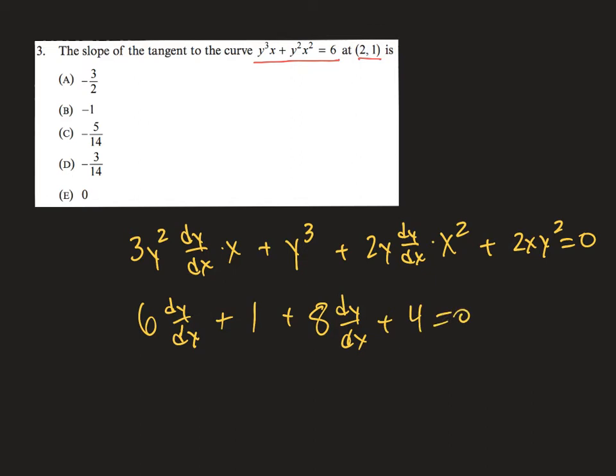So we've got 14 dy dx equals negative 5. So that's going to be negative 5 over 14, which is letter C. All right, I almost hit the 2-minute mark on that one. Let's go on to the next one.